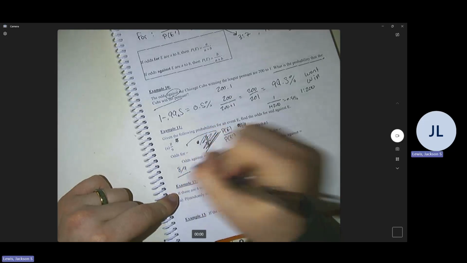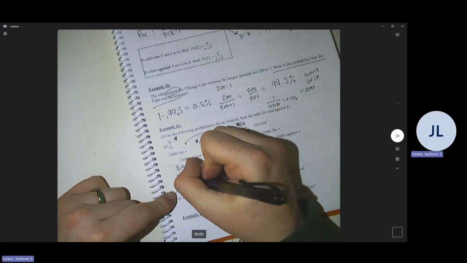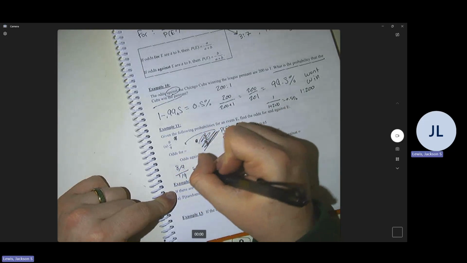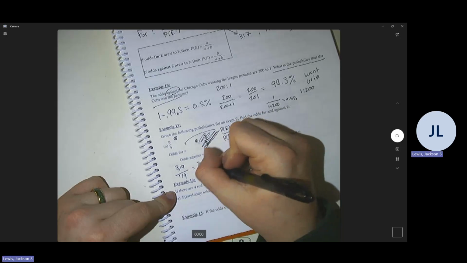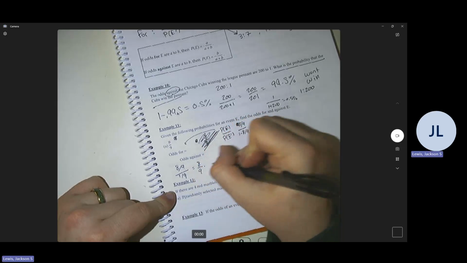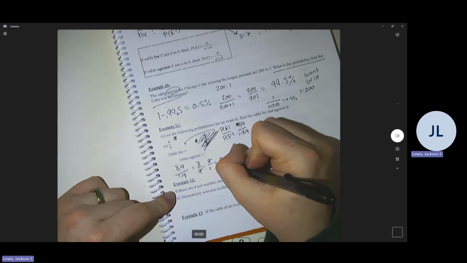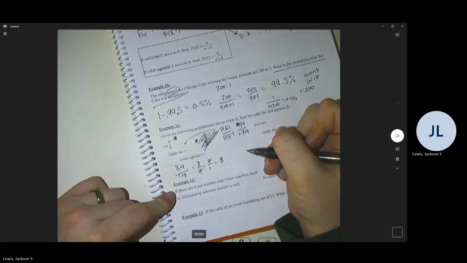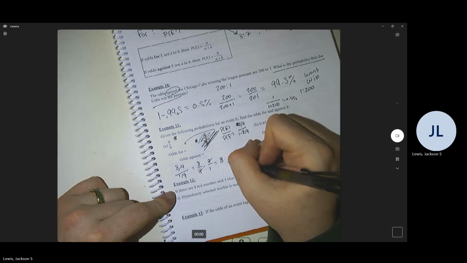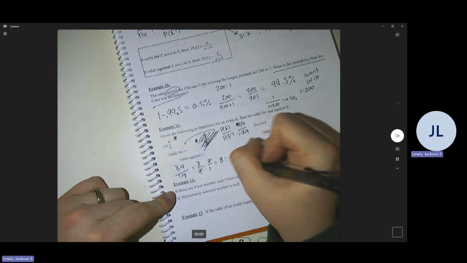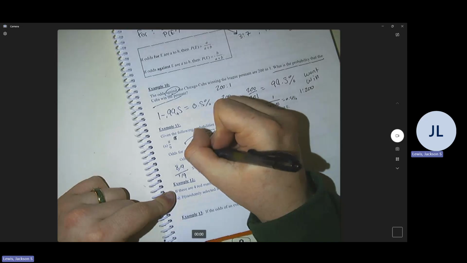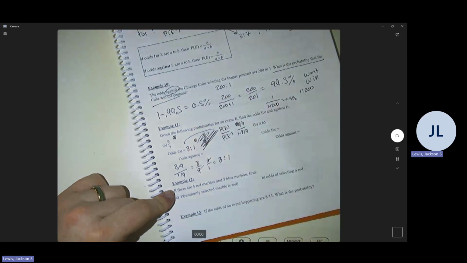That's 8 over 9 over 1 over 9. And this is the same thing as 8 over 9 times 9 over 1, which is 8. So 8 to 1. Okay, there we go. My bad. 8 to 1.